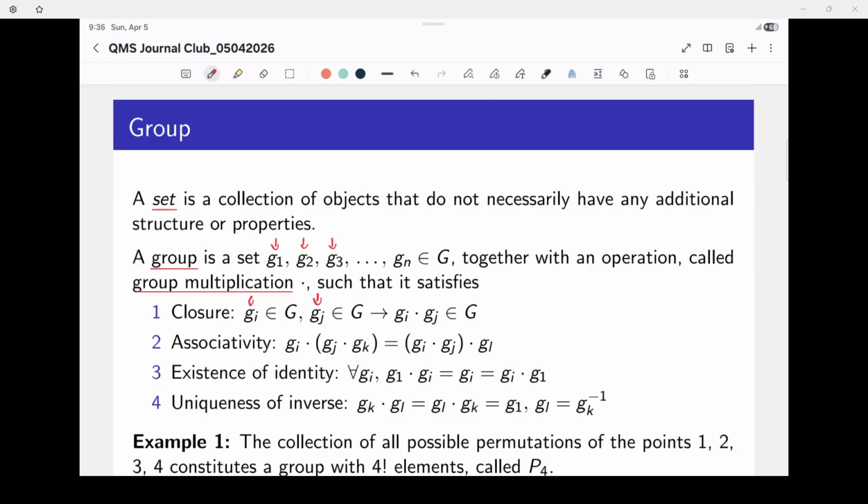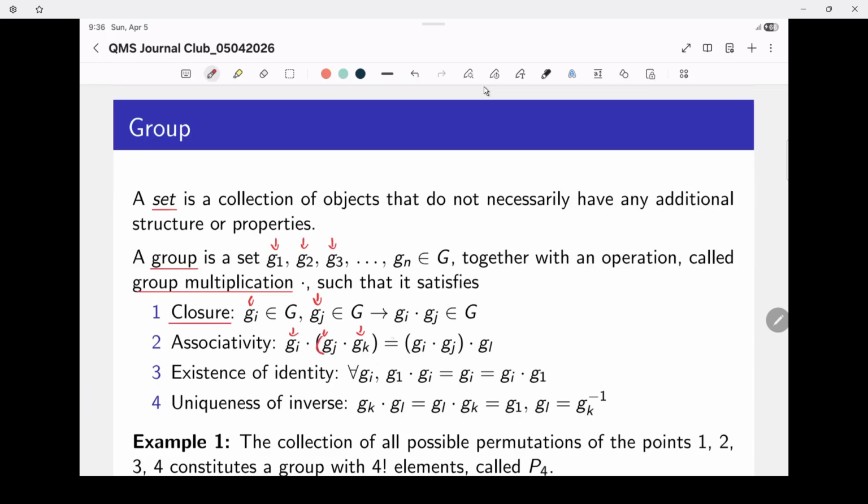So the first property is what we call the closure property. The second one is what we call associativity, whereby when you perform group operations, let's say you have three group elements and you want to multiply them together.